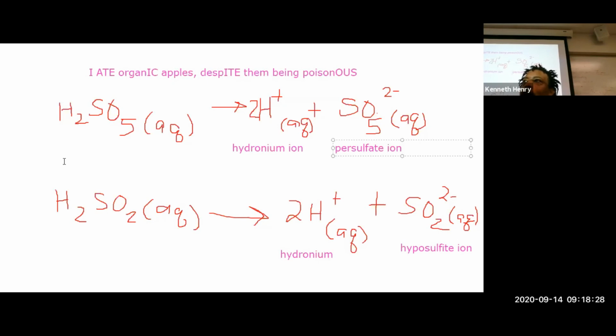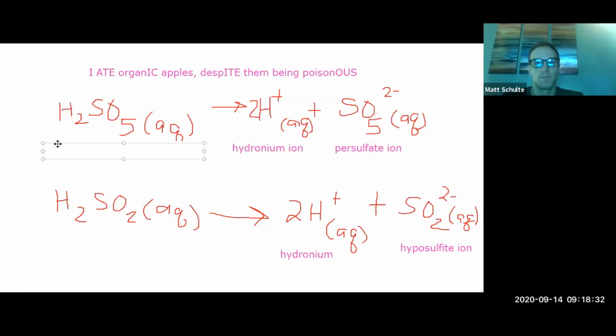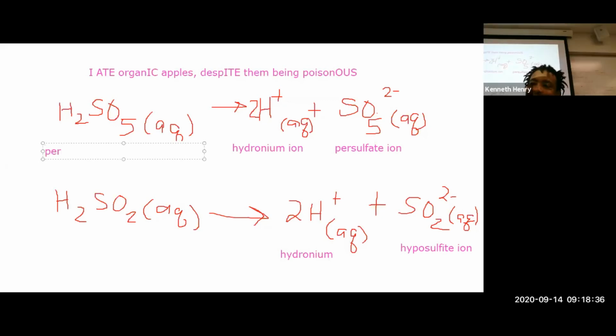Okay, so then what would we call this acid? Is that persulfuric acid? Persulfuric acid. That's right. And then what do we call this acid?